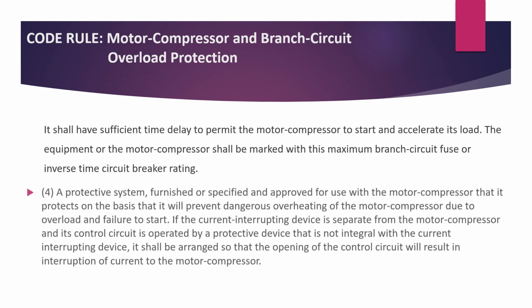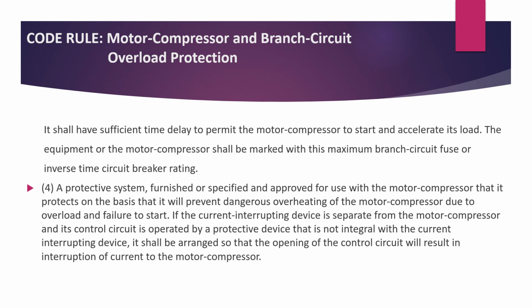And number 4, a protective system furnished or specified and approved for use with the motor compressor that it protects on the basis that it will prevent dangerous overheating of the motor compressor due to overload and failure to start.